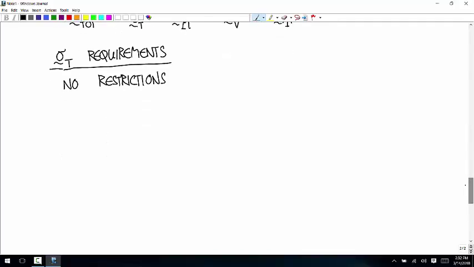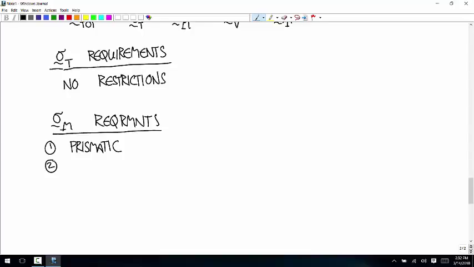Okay, so the first one I talked about was for the stress tensor due to bending. What were the restrictions here? It had to be prismatic. Yep. One more, I think.